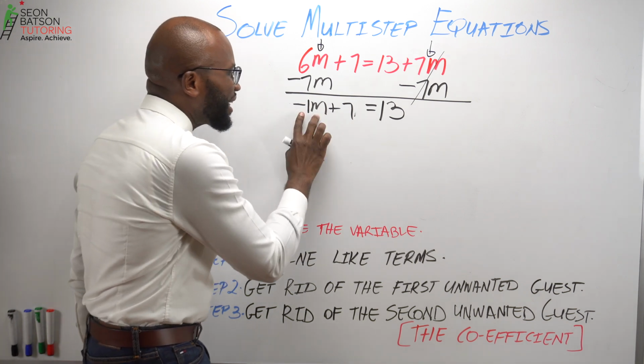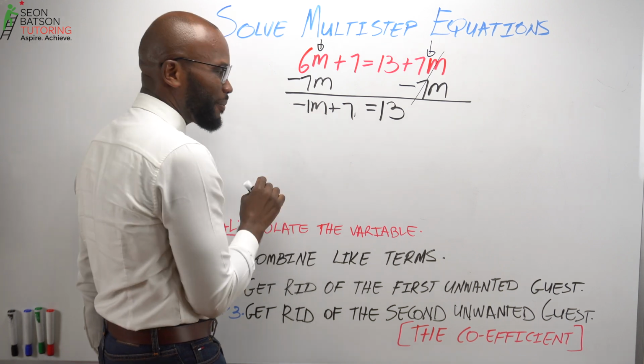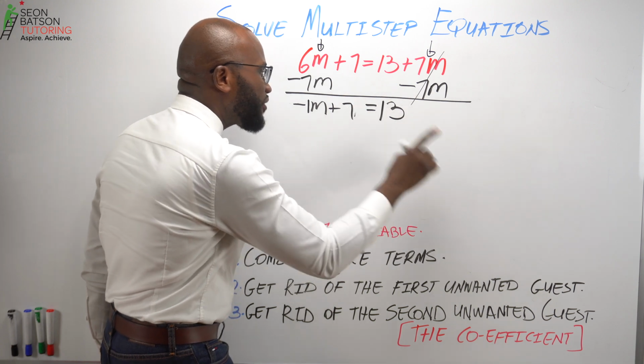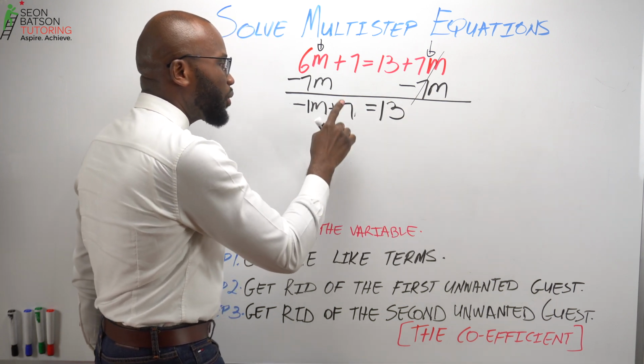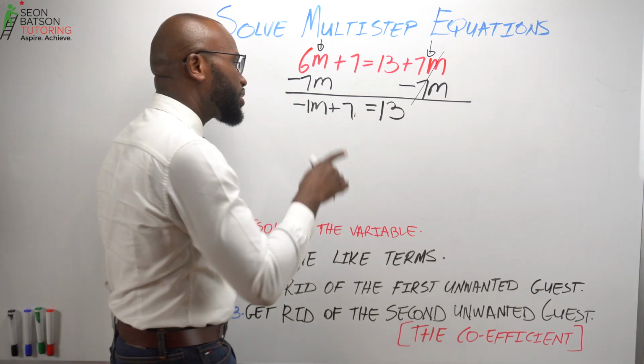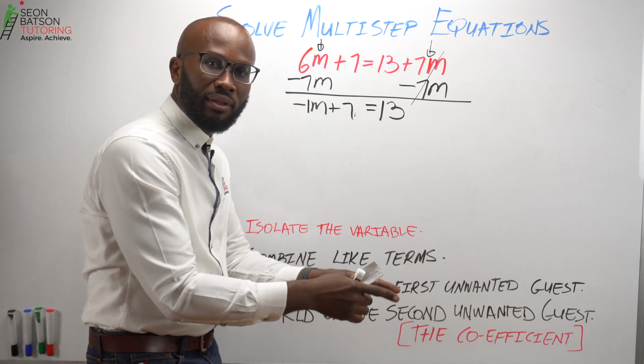This negative 1 is attached to the m. It's right here multiplying the m. So since the positive 7 is farther away from the variable, we will have to get rid of this positive 7 first. So this positive 7 is the unwanted guest that we will get rid of first.